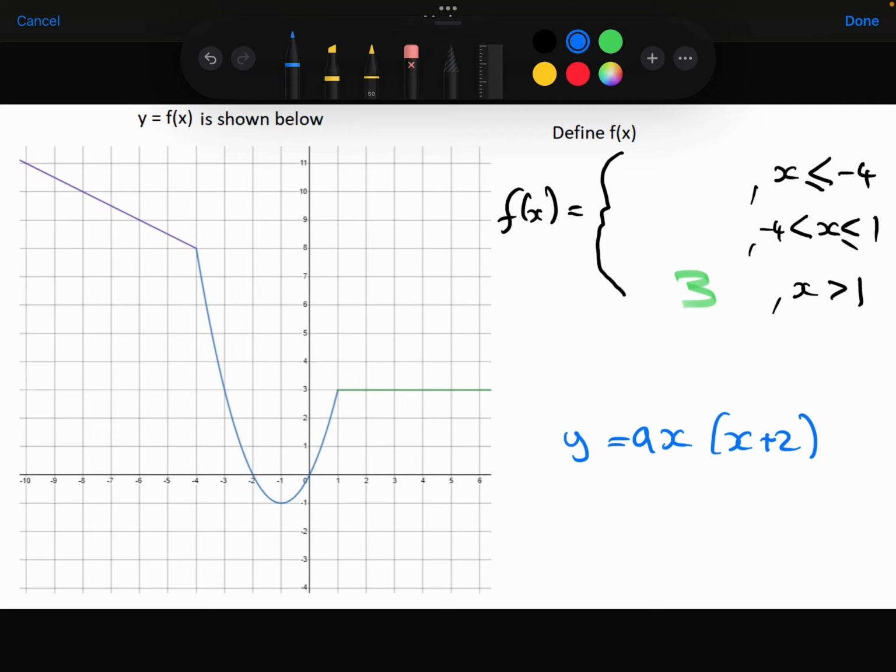So let's check another point that's on this graph just to work out what that a value is. Let's check this point minus 1, minus 1. So when x is minus 1, y is minus 1. So let's substitute that in.